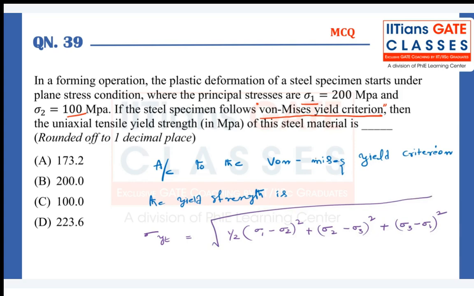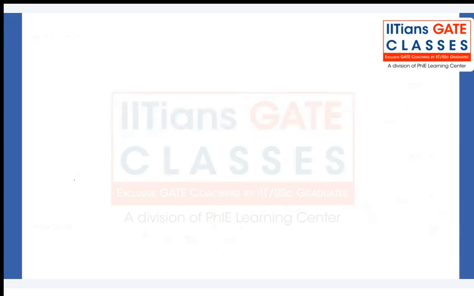Clear, everybody? Right. Now here sigma 1 is equal to 200 megapascal, sigma 2 is equal to 100 megapascal, and sigma 3 is equal to 0, because it is not given.